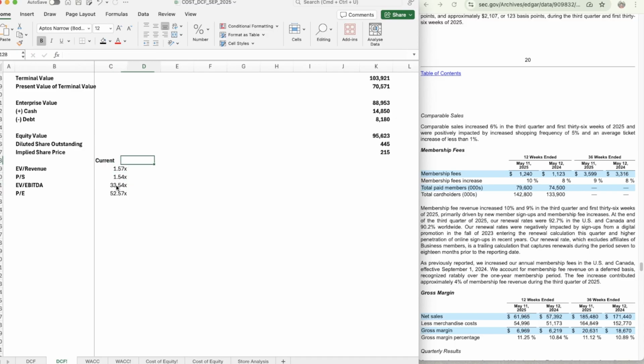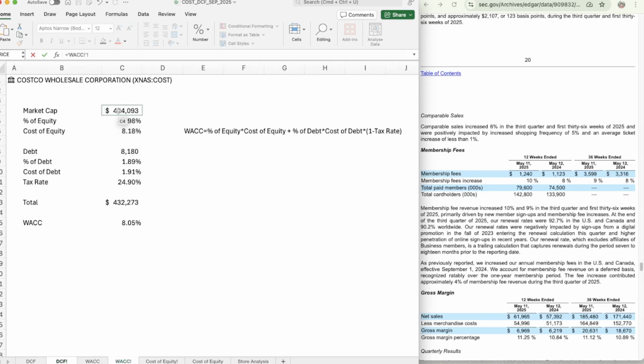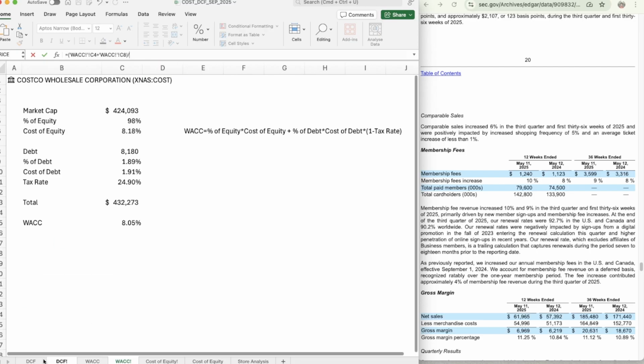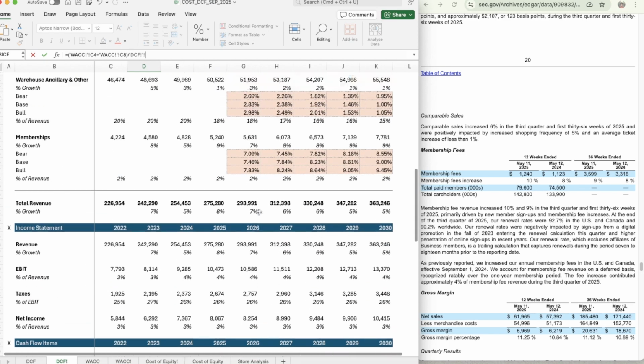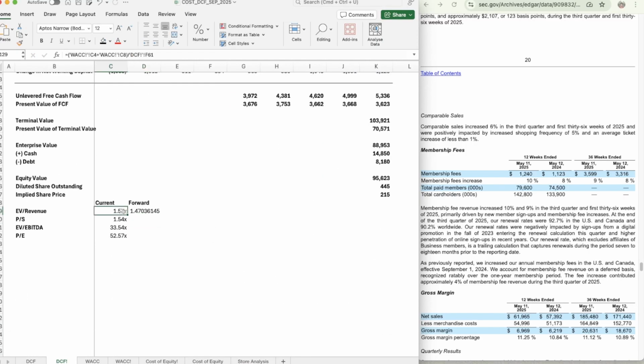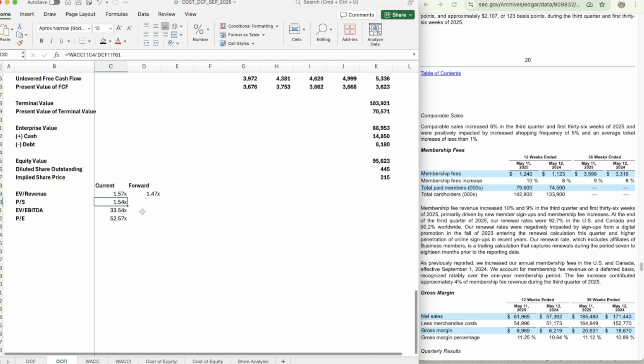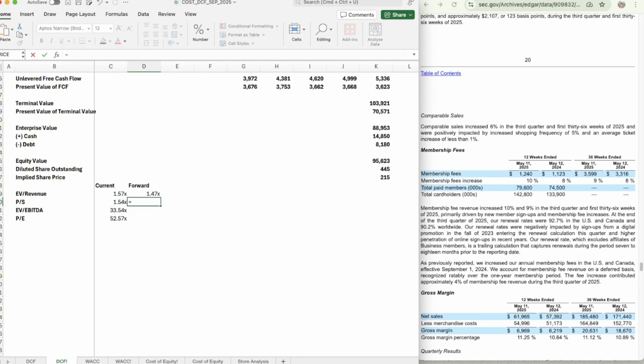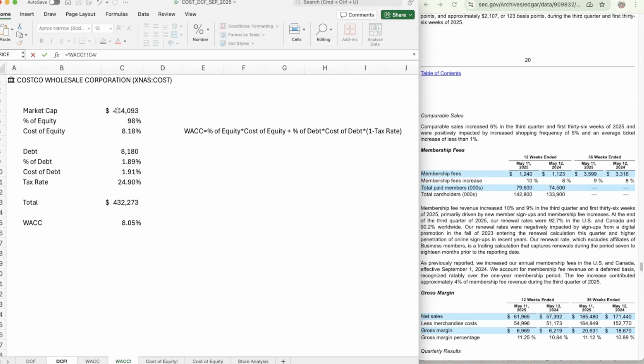Let's look at what it would be for the forward. Again, we go EV plus the debt, sorry, the market cap plus the debt, divided by next year's earnings, which we think is going to be about here. So I mean, it's getting cheaper, but not by that much.